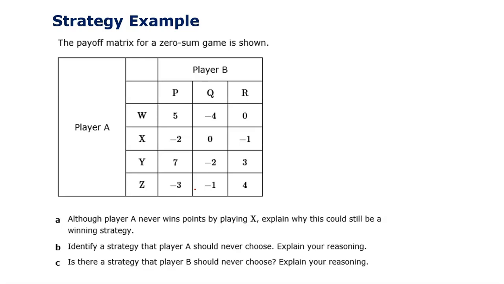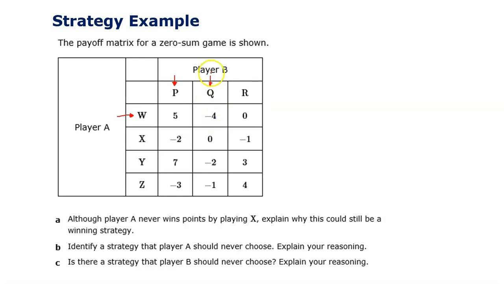If player A chooses W, that determines who wins based on what player B chooses. If player B chooses to play P, then W will win 5 points.